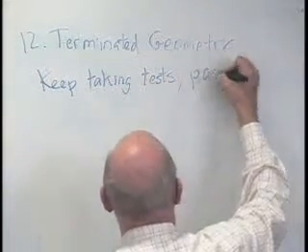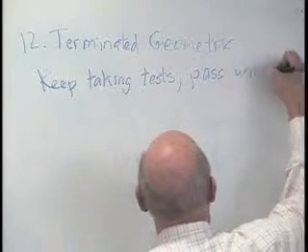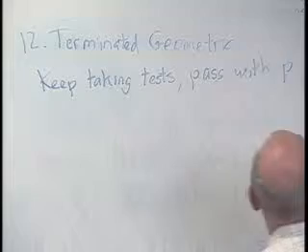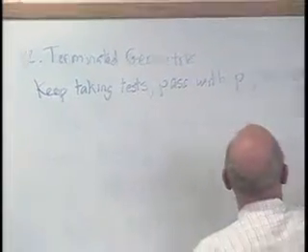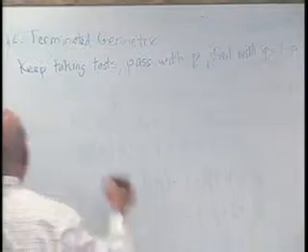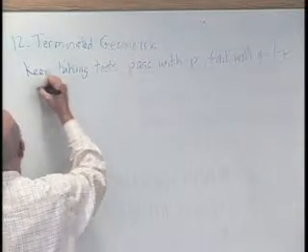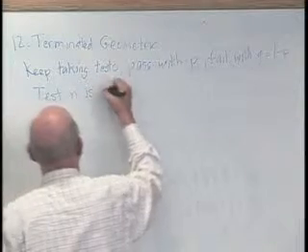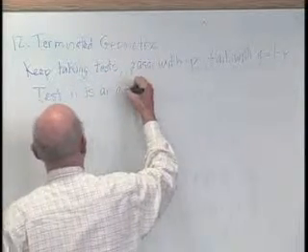You pass a test with a probability p, fail with a probability q, which is of course equal to 1 minus p. And the kicker in this problem is that test n is an automatic pass.